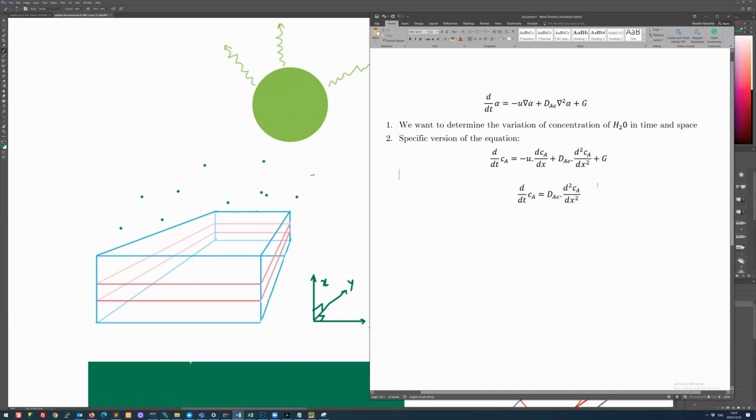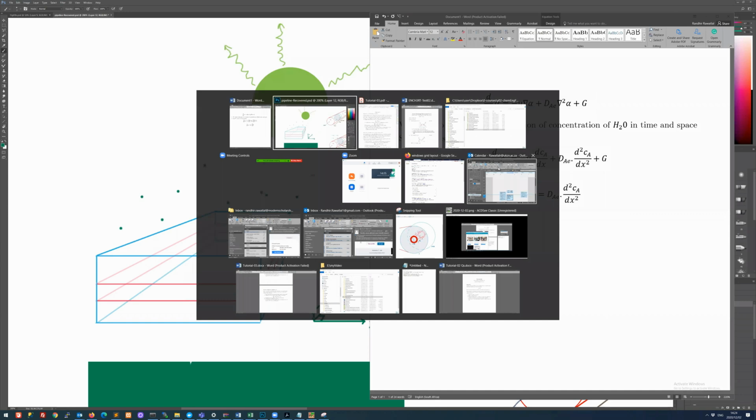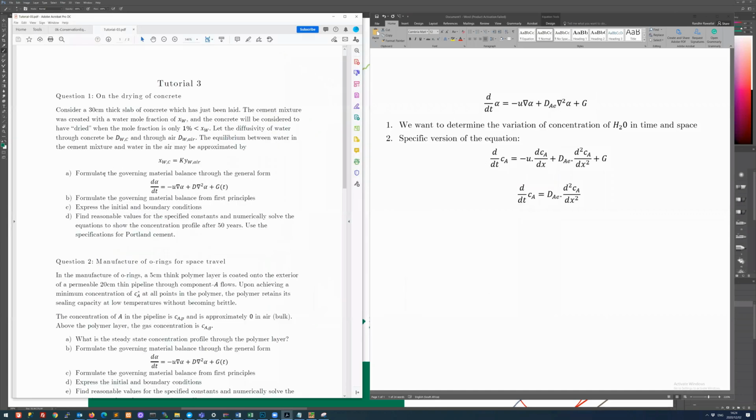Now we are going to rederive this from scratch, without using the specific form of the equation. So that's where I say this session is also in a way a revision for the test, because of course that's one of the topics for the test. So let's go back and look at what the problem asked us to do. So formulate the governing material balance through the general form.